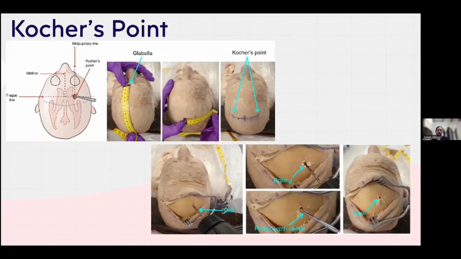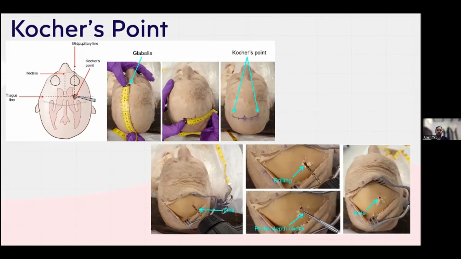The intersection defines Kocher's point. Alternatively, we can get to Kocher's point by identifying the coronal suture, marking a point 1 centimeter anterior to it, and then moving 2.5 to 3 centimeters lateral to the midline. This is often more practical intraoperatively when sutures are palpable or visible.